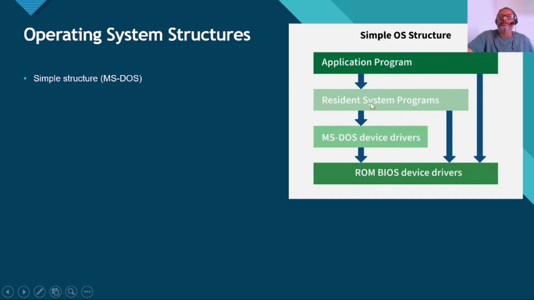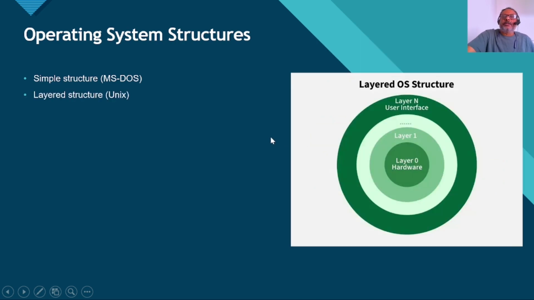Then we have resident system programs, and finally we have application programs. So that simple structure is for MS-DOS.